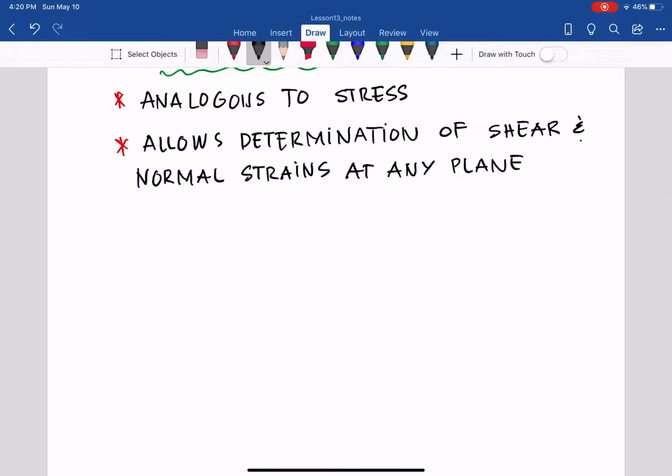If we have a strain block, instead of sigma we have epsilon.